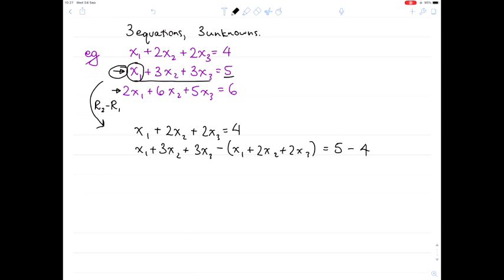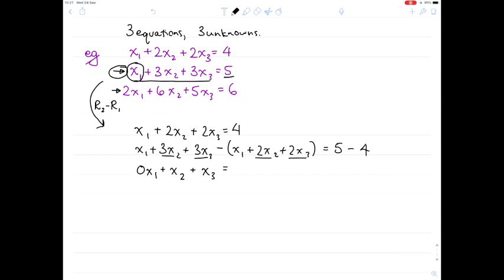And if I just complete this, I'm going to have x1 minus x1, so we're going to have 0x1, 3x2 minus 2x2 is going to give me an x2, and I've got a 3x3 minus 2x3, which is going to give me just x3.